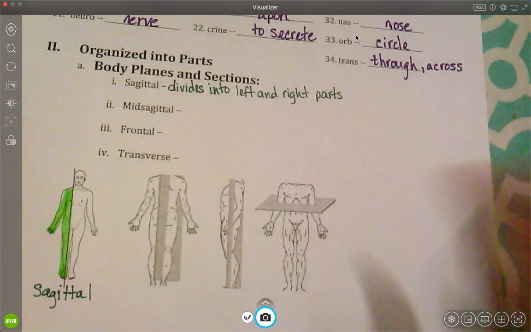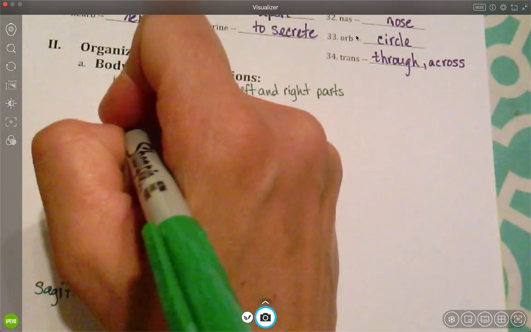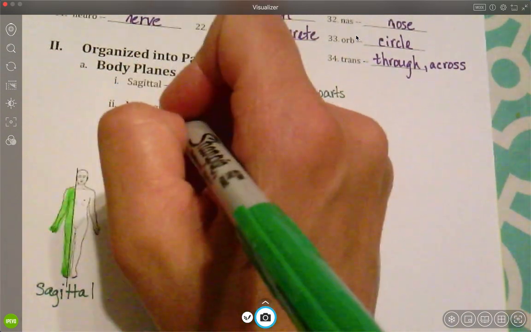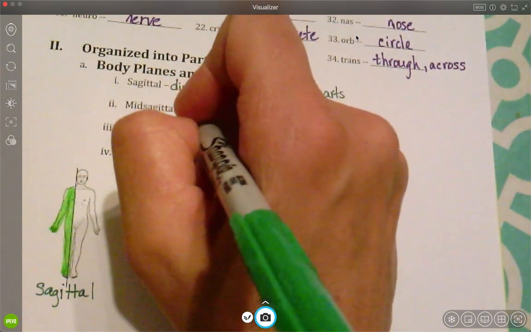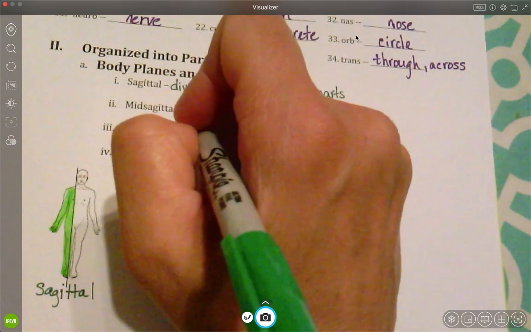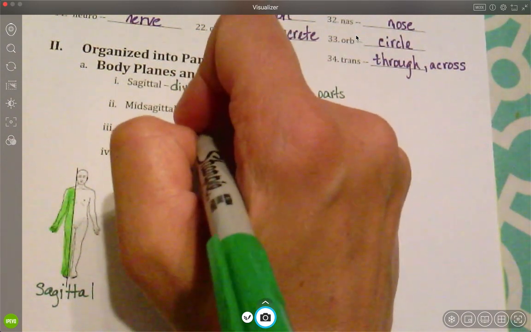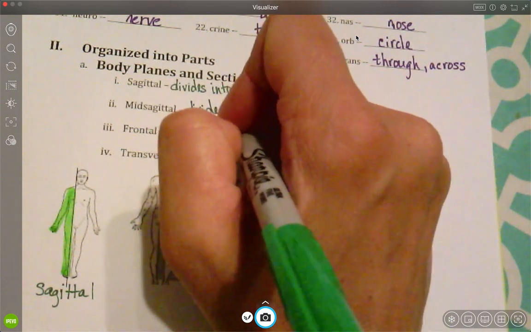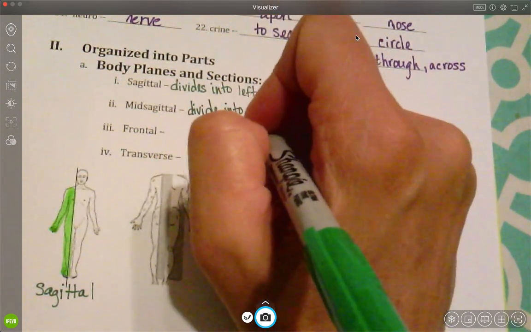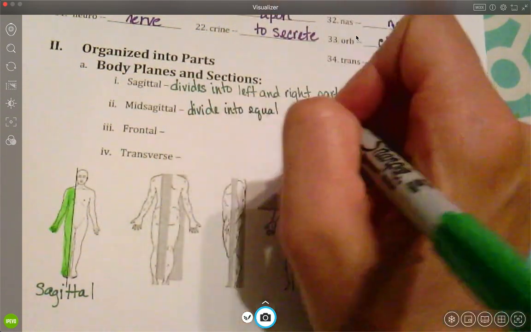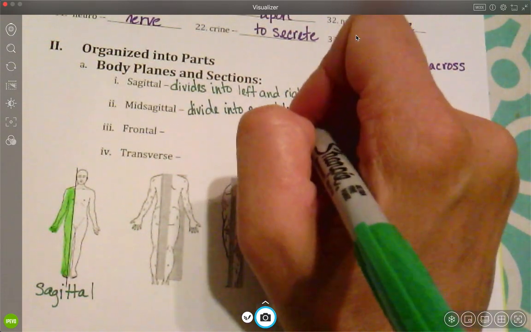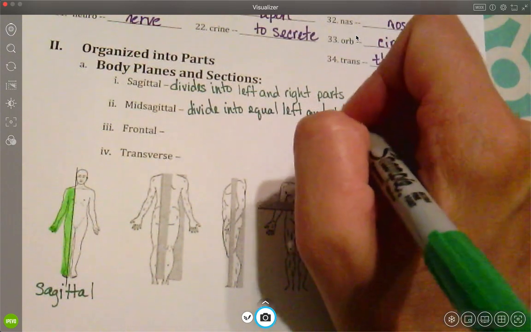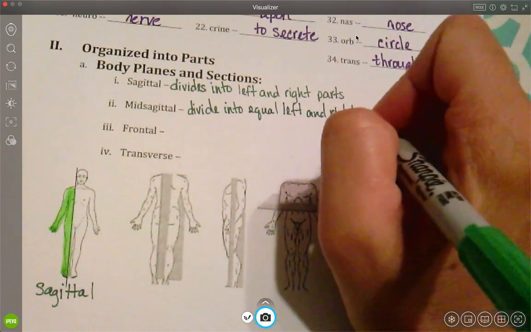Then mid-sagittal. Remember we said middle. And that is going to divide into equal, and that would be our key word there, left and right parts.